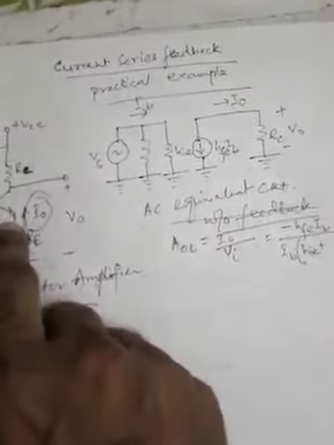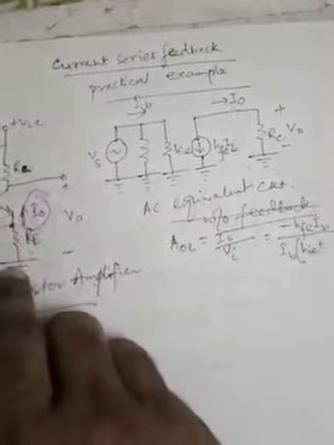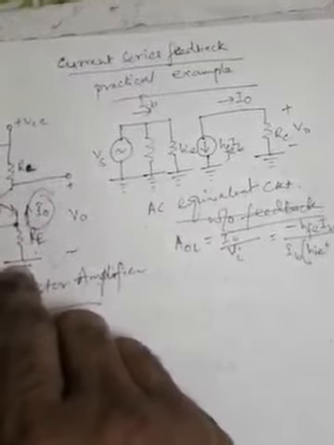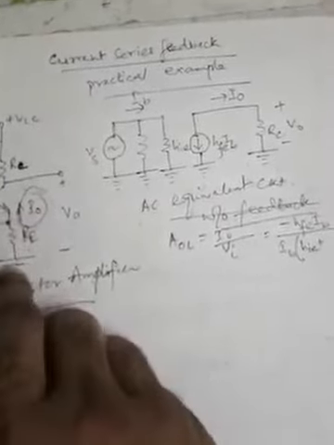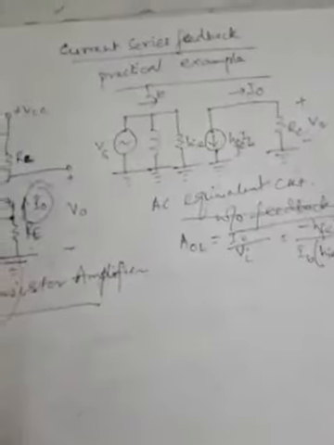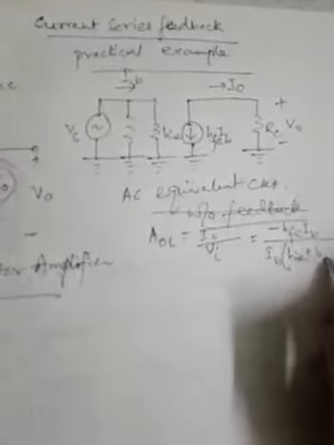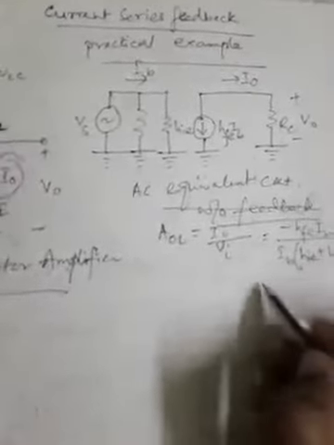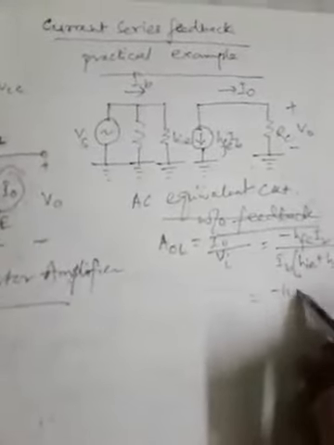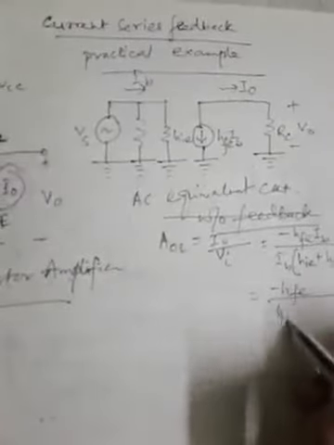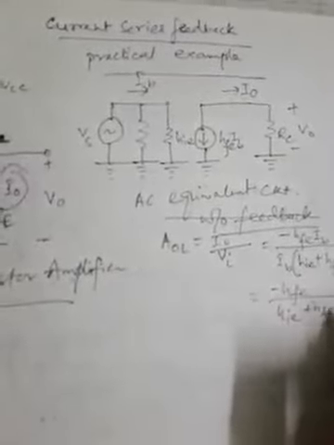So the voltage across HIE plus the voltage drop across RE will be combined to give the total VI in this case. So therefore this is HIE plus HFE. So this is minus HFE divided by HIE plus HFE.